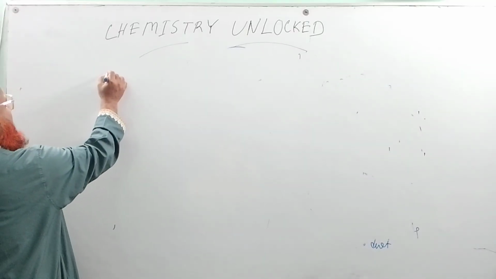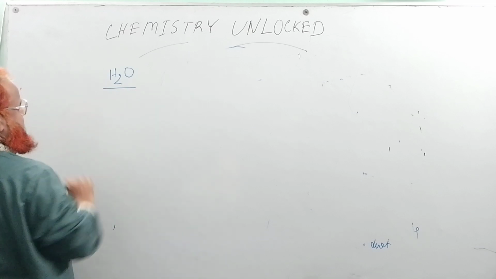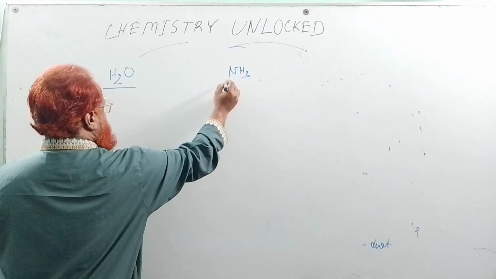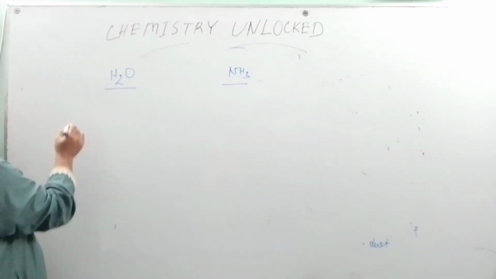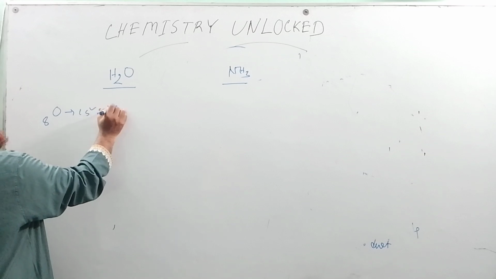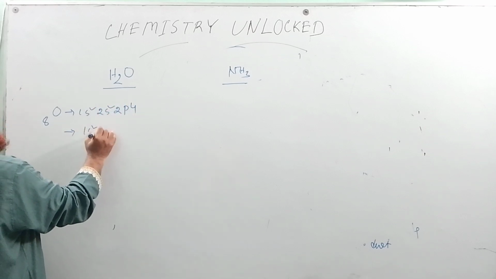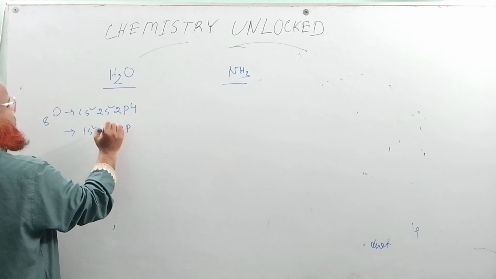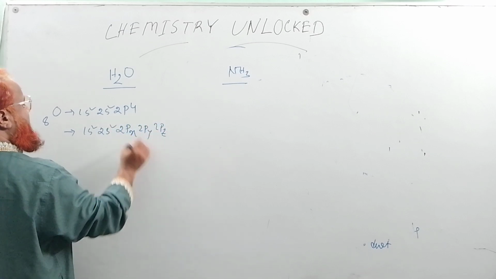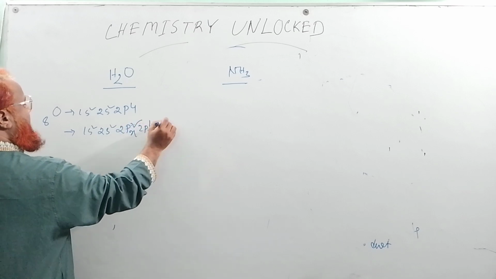That is H2O formation, NH3 formation. H2O, in H2O you know that oxygen is present like this: 1s2, 2s2, 2p4. 1s2, 2s2, 2px, 2py and 2pz. 1, 2, 3 and 4, that is 2, 1, 1.